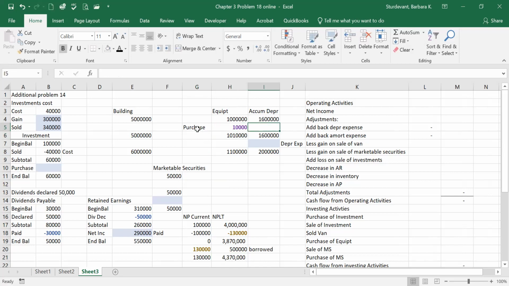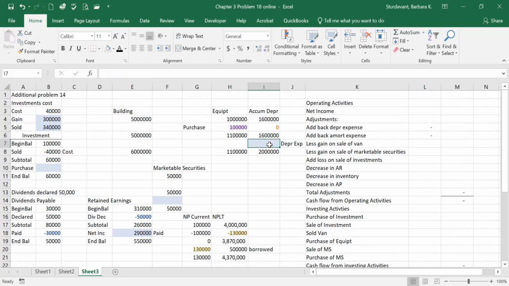Okay, and so if nothing was sold, there was no change to our accumulated depreciation. It's 100,000, right? I need to put the comma on it. It was 100,000, your purchase. So if nothing's sold, it's not going to affect the depreciation at all.